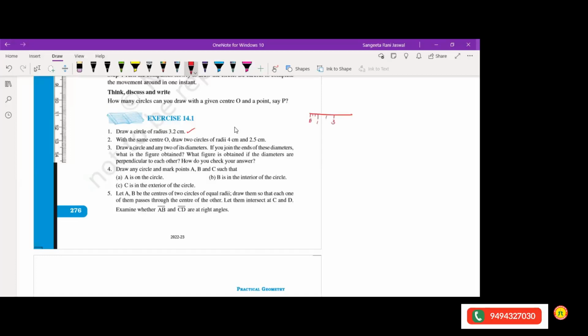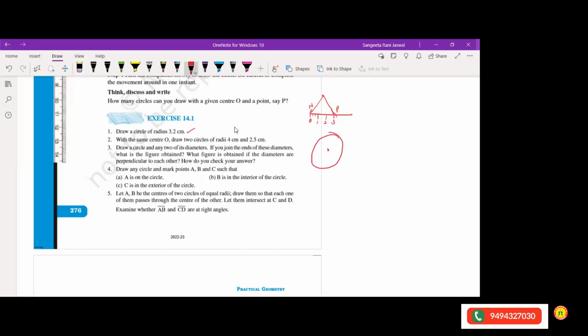Suppose here you have 3, then your 3.2, just measure it with the compass. Keep the compass needle here. This is the needle. Keep the pencil here at 3.2. P for pencil. So measure 3.2 on your compass, and then on your sheet of paper, your notebook, keep the compass pointer, the compass needle, at a fixed position and rotate the pencil around it.